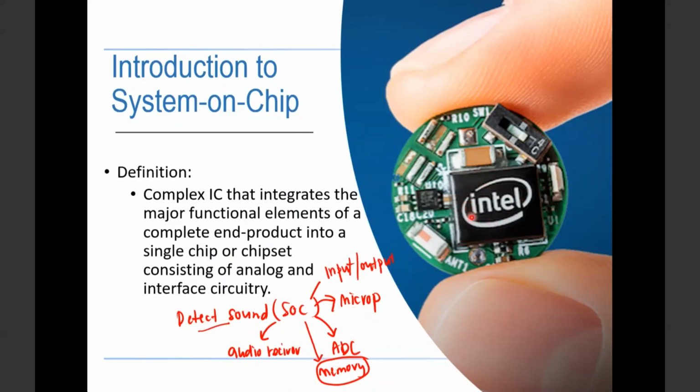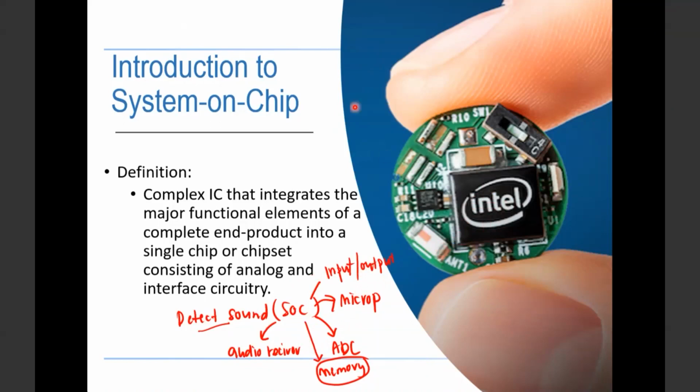Previously, in the embedded system, you have the microprocessor, and then you need another chip for the audio receiver, and another chip for the ADC, etc. But for the system on chip, all of these IP components have already been embedded inside this single IC.